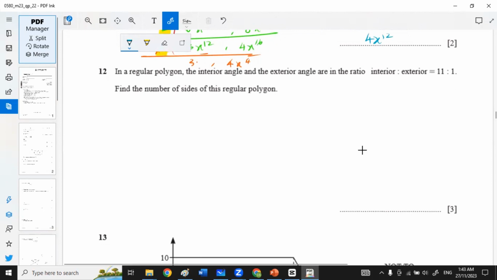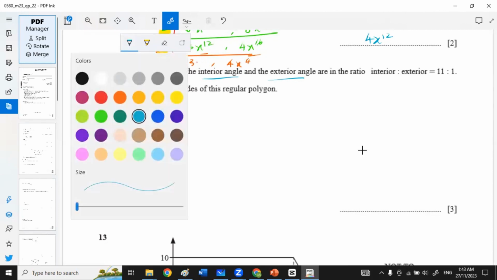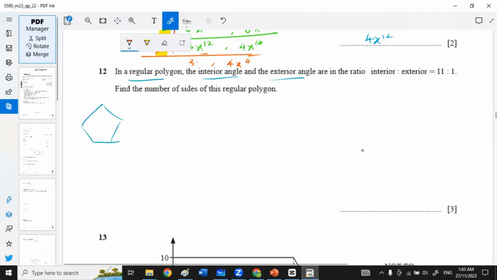Okay. Question number 12. In a regular polygon, the interior angle and exterior angle are in a ratio of 11:1. So before that, you need to know where is the interior, where is the exterior. If you extend this, this will be the exterior, this will be the interior. Inside is interior.